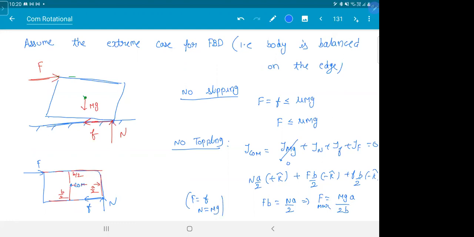This is the equilibrium problem. Vertical force: N is mg. Horizontal: friction is F. I showed it on the next page. There's still a little more.